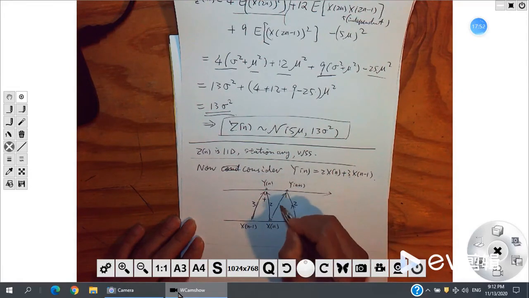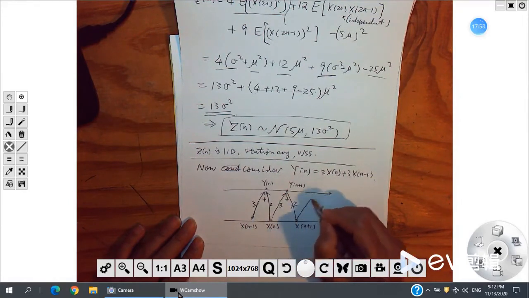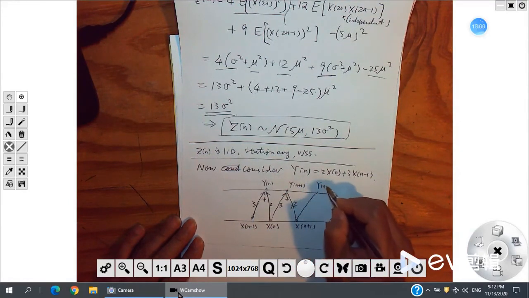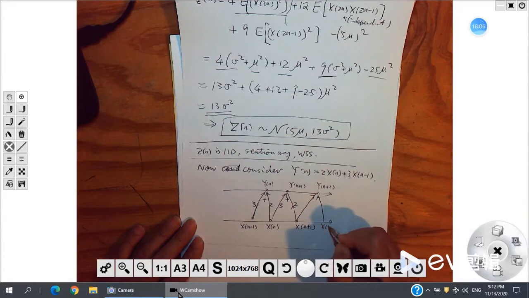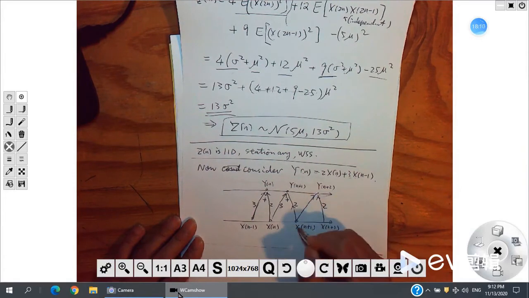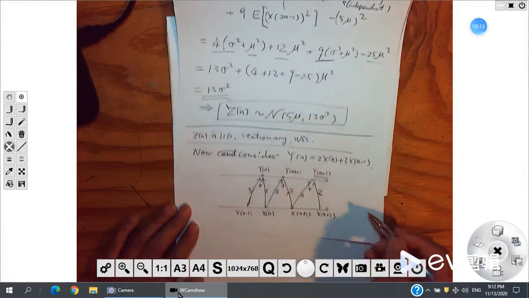This one times 3, summation, I have Y of n plus 1. And if you want to try more, this is Y of n plus 2. It will be the summation of X of n plus 2 times 2 here, and this one times 3, and I have this term. We have a relation that looks like this.